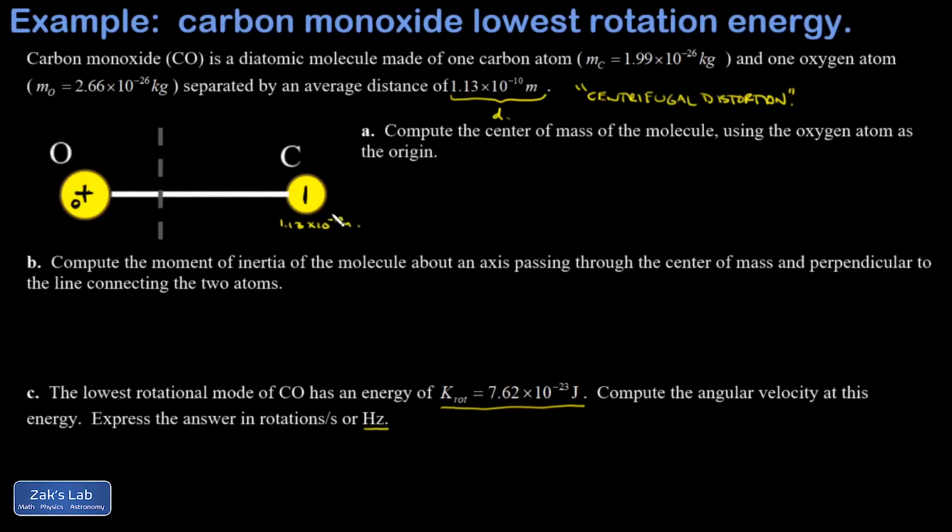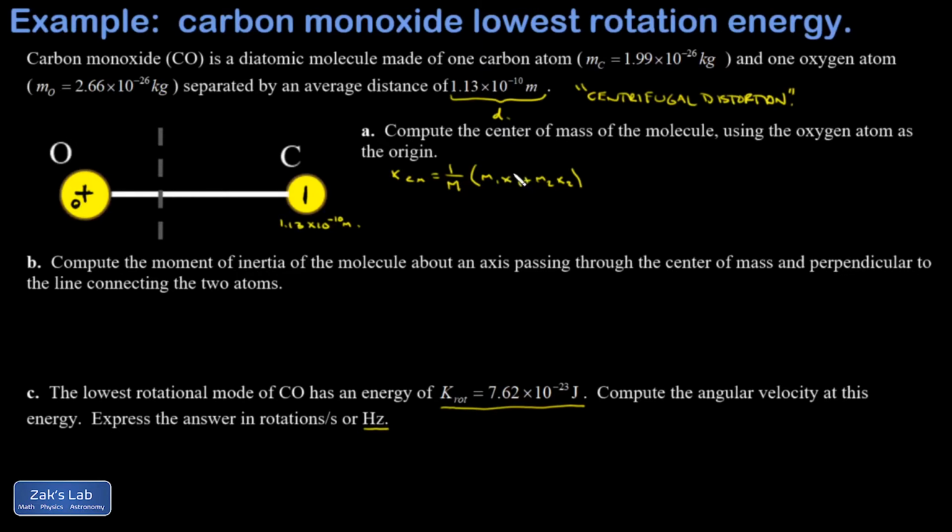So then I just plug into the center of mass x coordinate formula. So x center of mass is 1 over the total mass times m1 x1 plus m2 x2. And maybe I'm referring to oxygen as M1 here.